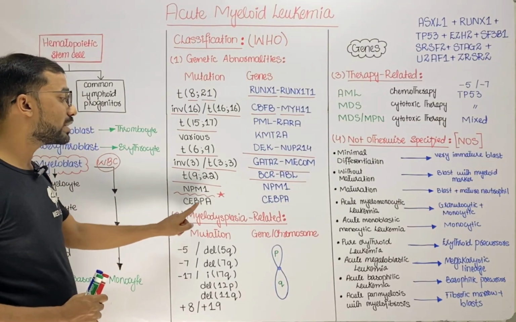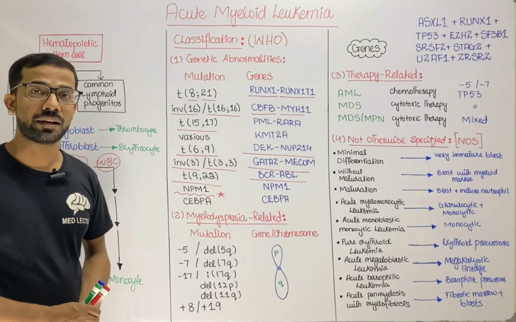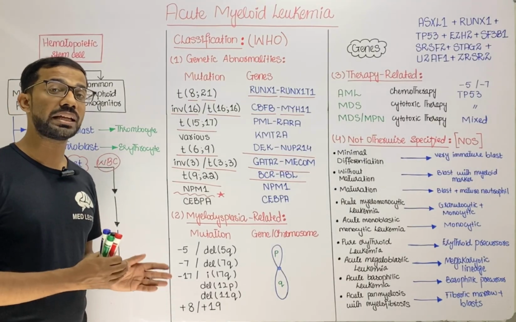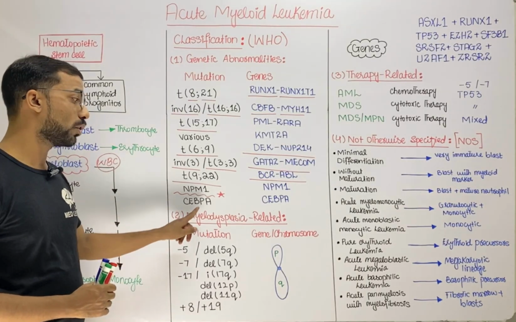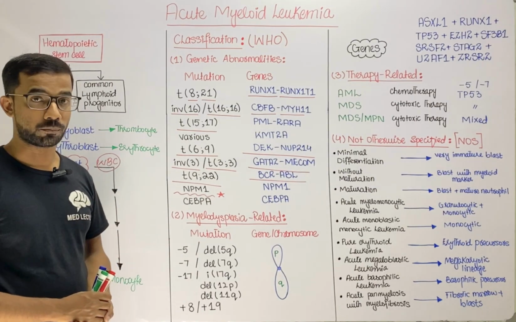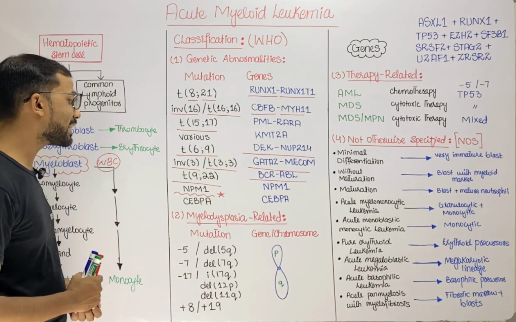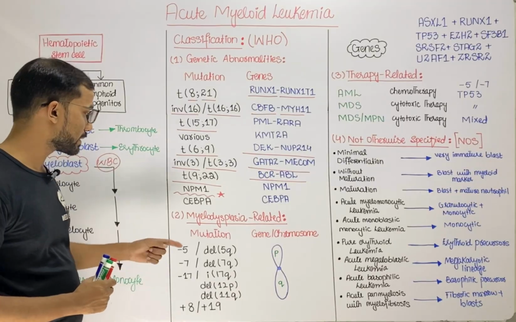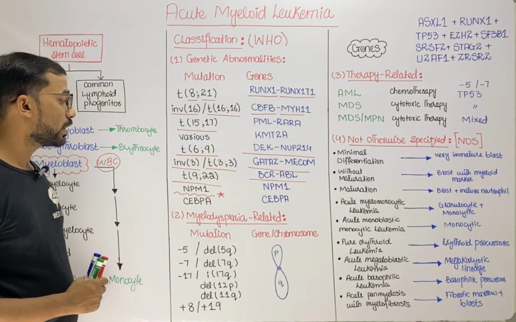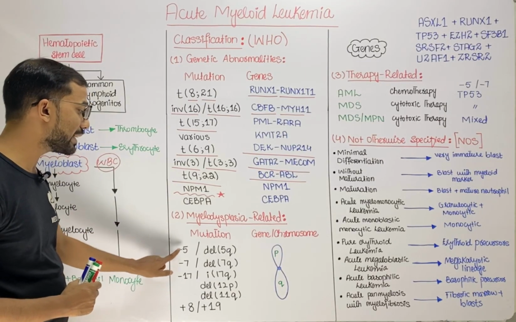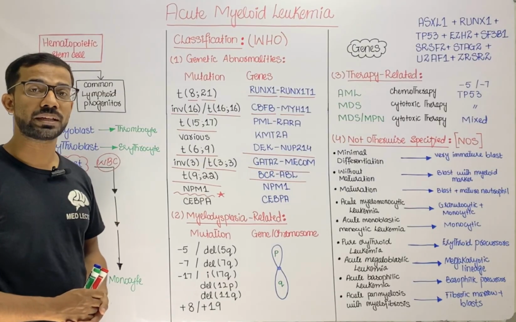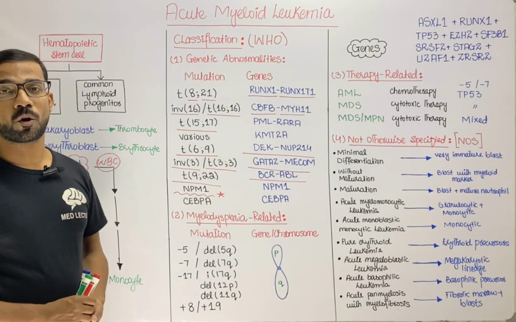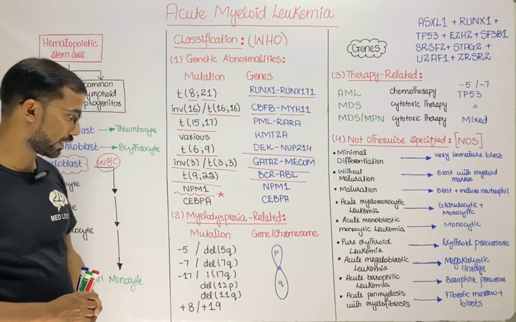Next, myelodysplasia-related AML. AML after the MDS, myelodysplastic syndrome. In that case, you will see the cell abnormalities. So what type of mutation you will see in that case? -5. -5 means absence of chromosome number 5. Okay.